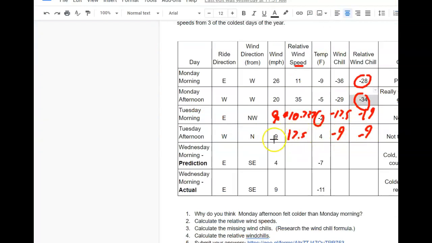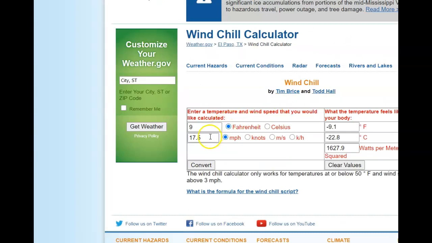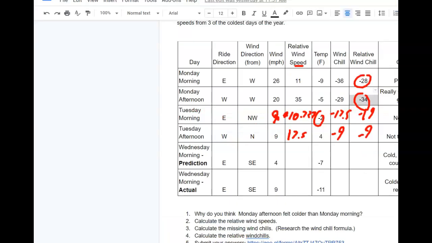And let's put in 9 for our wind speed. Am I putting these numbers in right? Temperature's 4. Oh, goodness. Let's erase this. Okay, so we got a temperature of 4 and a wind speed of 9.